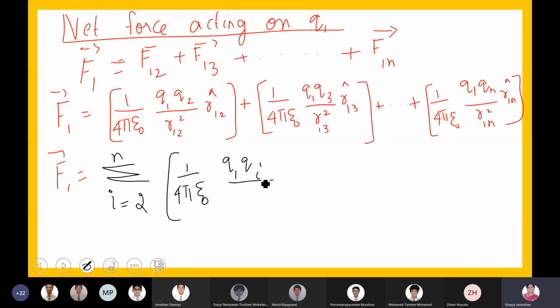What should I write here? I, because i takes the values 2, 3, up till n. Are you clear, boys?